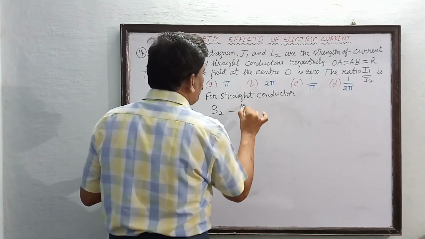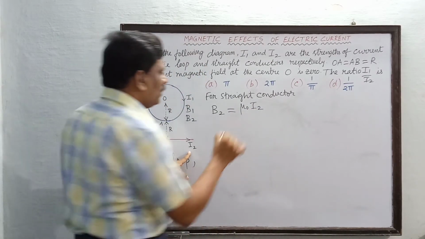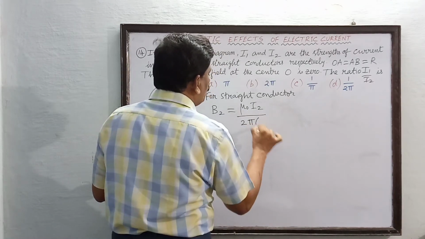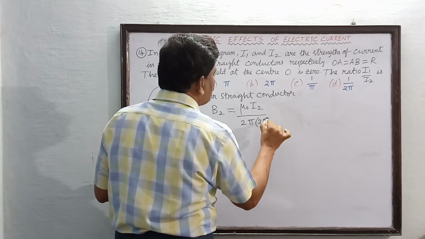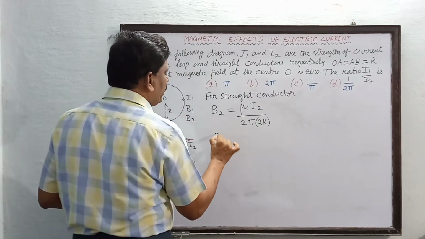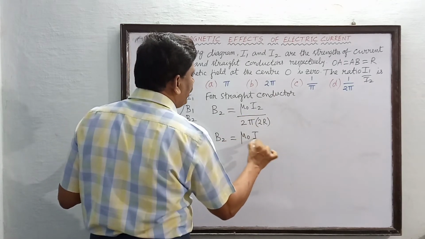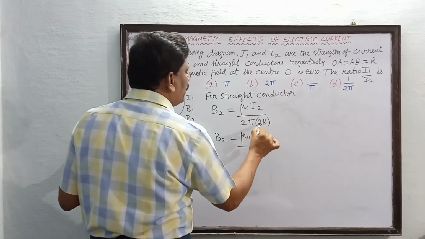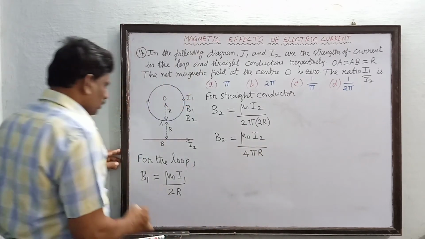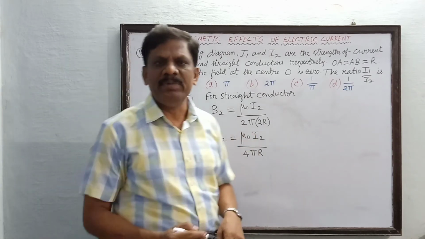So B2 is mu naught into I2, the current flowing through the conductor, divided by 2 pi into the distance d. The distance is 2R. So B2 is now equal to mu naught I2 divided by 2 into 2 is 4, so 4 pi R. These are the two expressions for B1 and B2.